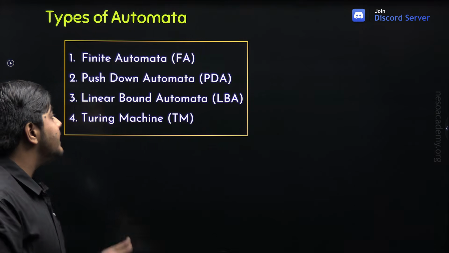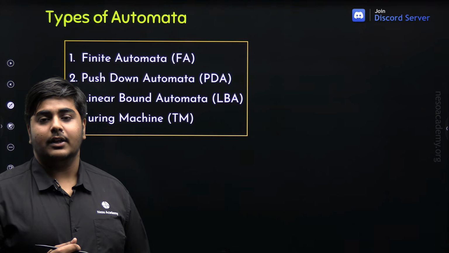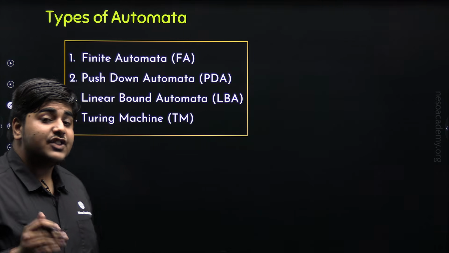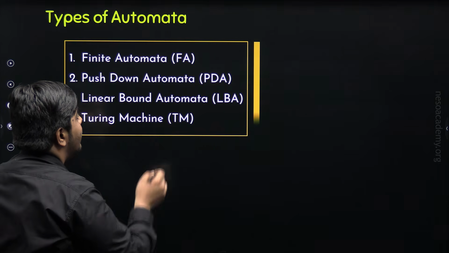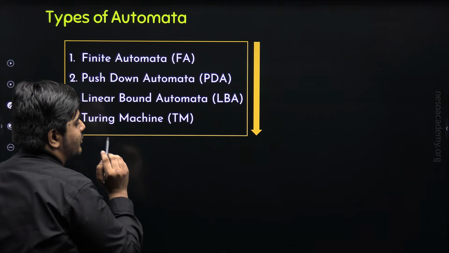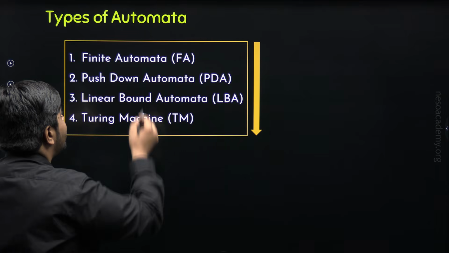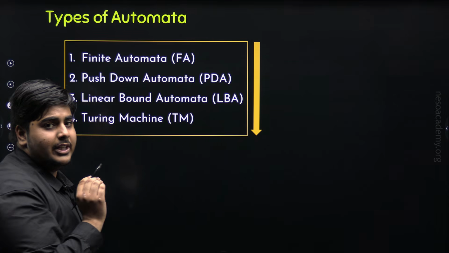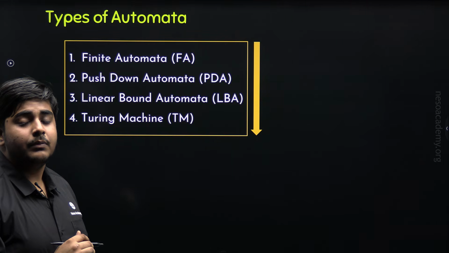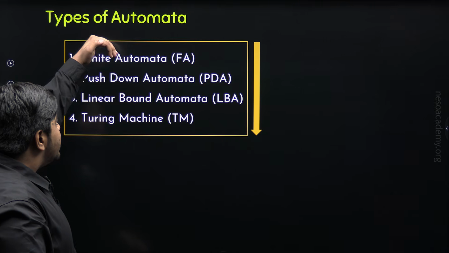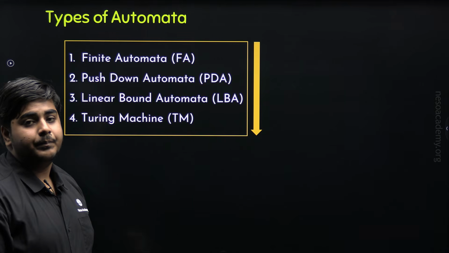And now we are going to discuss the properties of these automata. So some properties of these automata increases as we move from top to bottom, that is finite automata to Turing machine, while some other properties will decrease as we move from finite automata to Turing machine, that is from top to bottom. So first of all, let's discuss the properties which increases on moving from top to bottom.